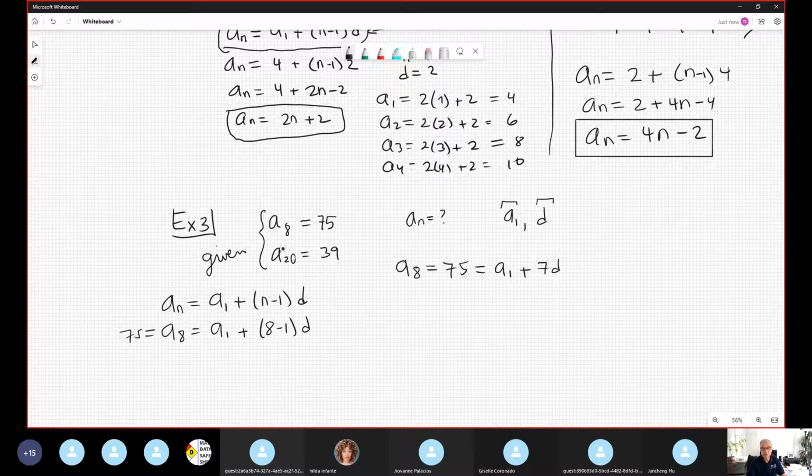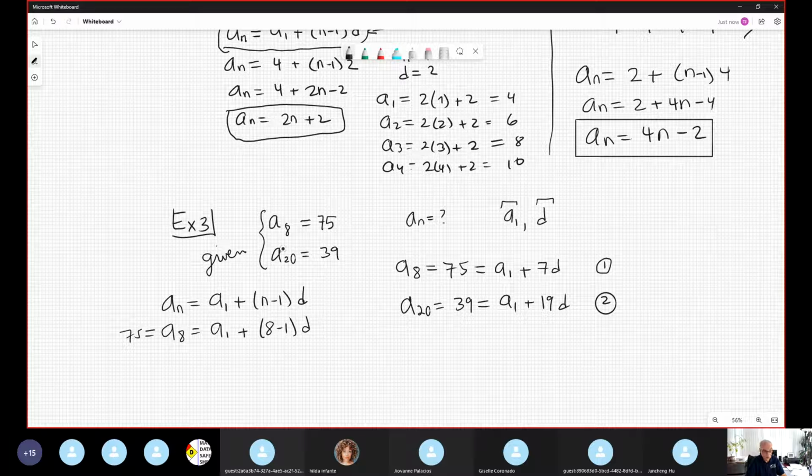So I copy: a sub 8 is equal to a1 plus n minus 1 times d, because we are working with position 8. This is 7, and the given information is that a sub 8 is 75. Do you understand this equation? I want to call it equation 1. Now likewise, a20 is 39, which is equal to a1 again plus 20 minus 1, which is 19, times d, and this is my equation 2. Cool? We have two equations and two unknowns, a1 and d.